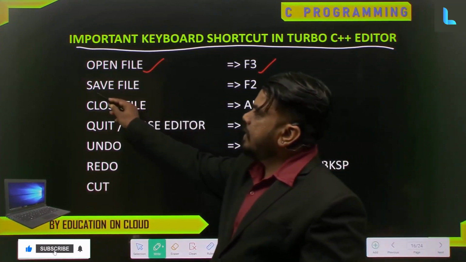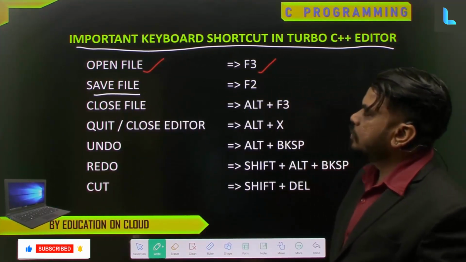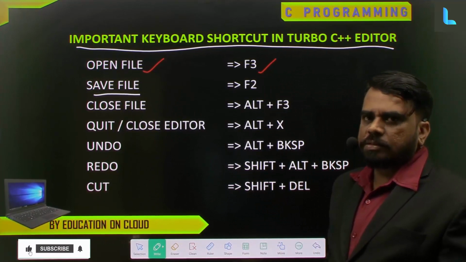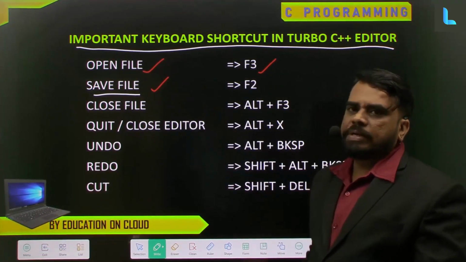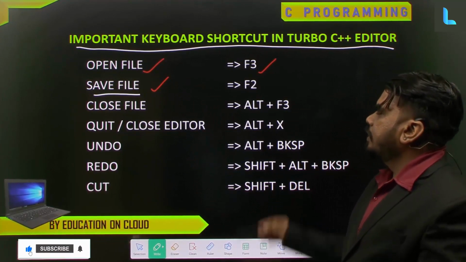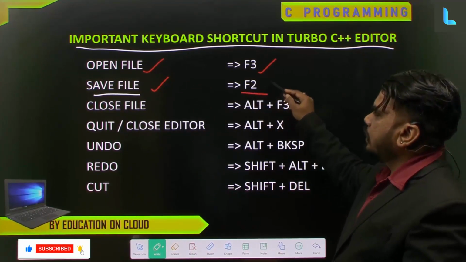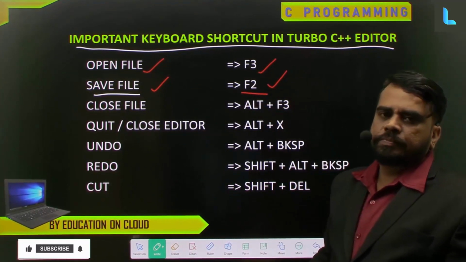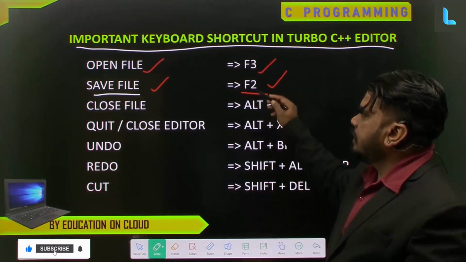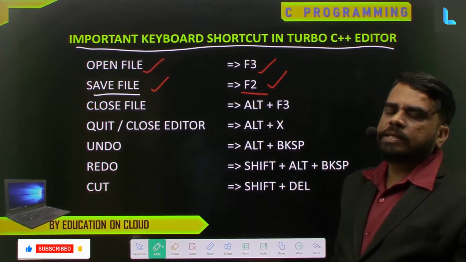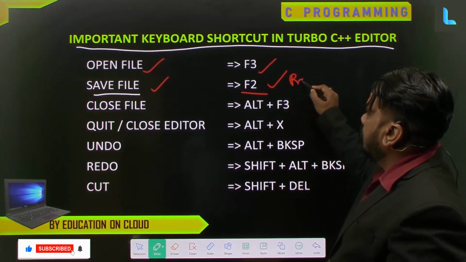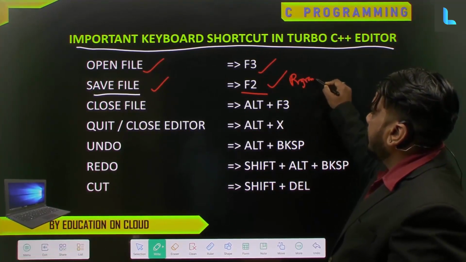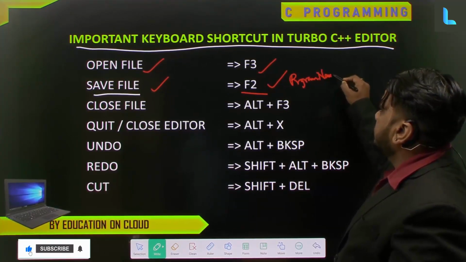Next, to save the file, that is, after creating a file and typing the programming code, we need to use the keyboard shortcut F2. What does F2 do? It opens the Save As dialog box, wherein we have to give the program name along with the extension.